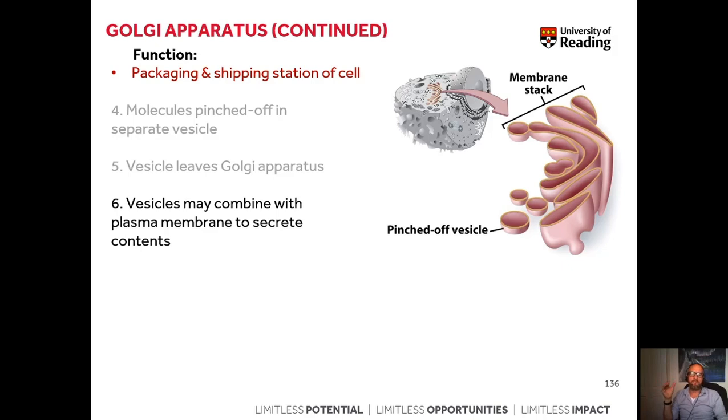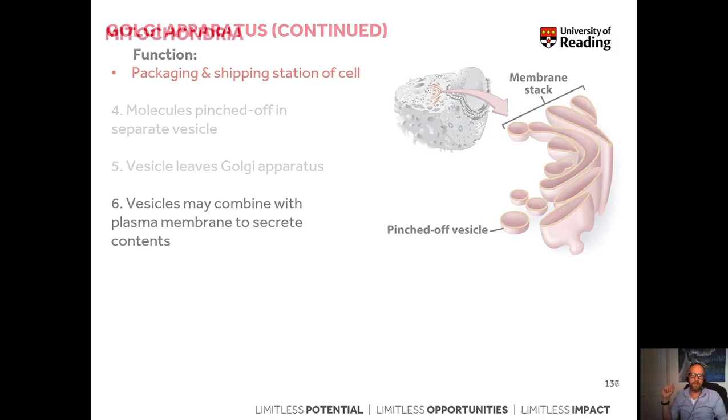Afterwards, those vesicles may combine with the plasma membrane to secrete contents, and this is actually a very important mechanism of cellular communication. Our cells do communicate, they talk to each other, and this happens mainly via molecules secreted in this way.